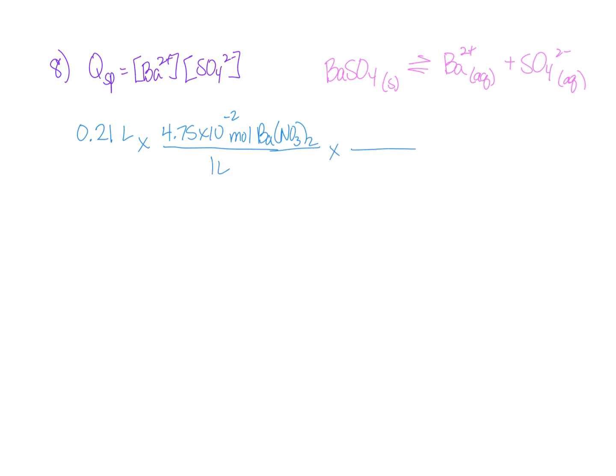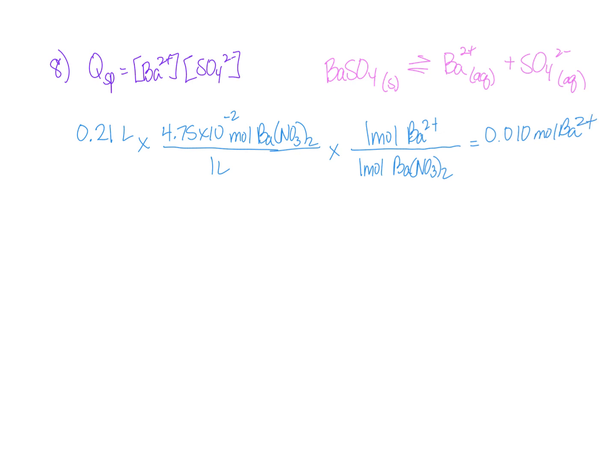And then I can go a step further just to make sure that we understand this piece. I need moles of Ba2+. So for every 1 mole of Ba(NO3)2, I have 1 mole of Ba2+. Now mathematically, this piece doesn't change my answer at all, but it might help you think about where that Ba2+ comes from. So I got 0.010 moles of Ba2+.